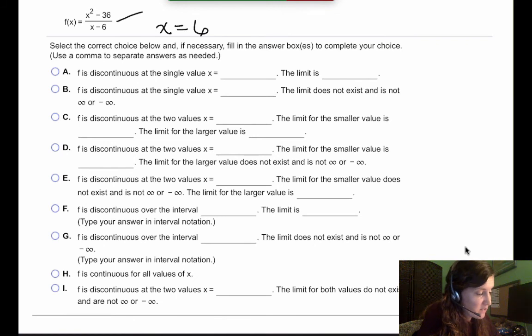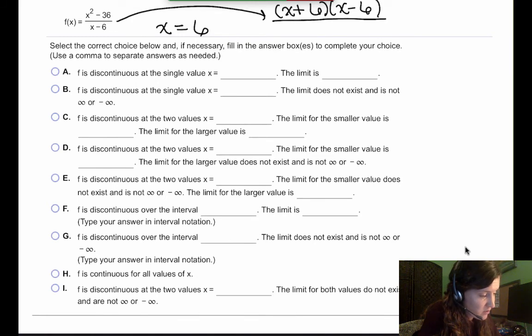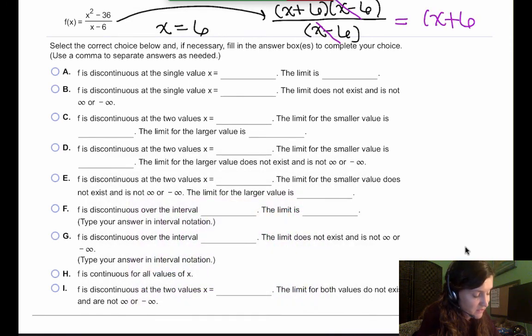And so if we try and simplify, x plus 6, x minus 6 is how the top factors, over x minus 6. It's saying that this is basically the same function as x plus 6, but it is undefined for that point 6. So there's a discontinuity at one value.